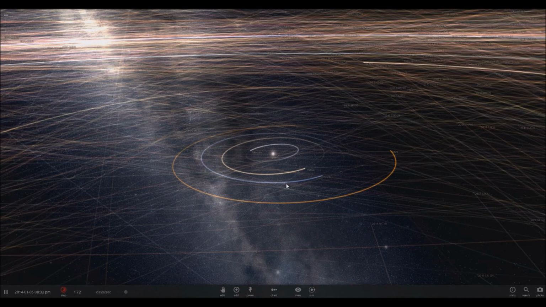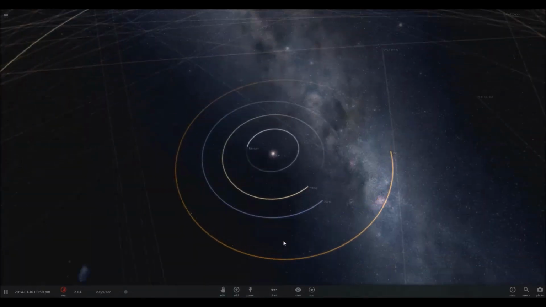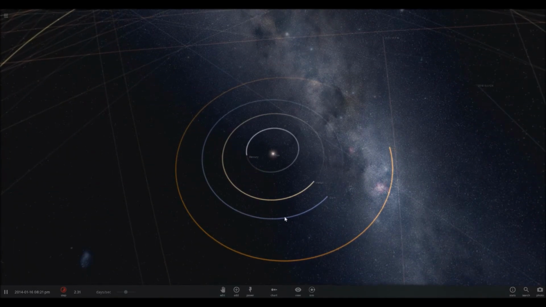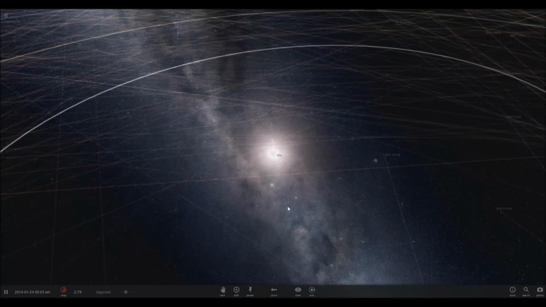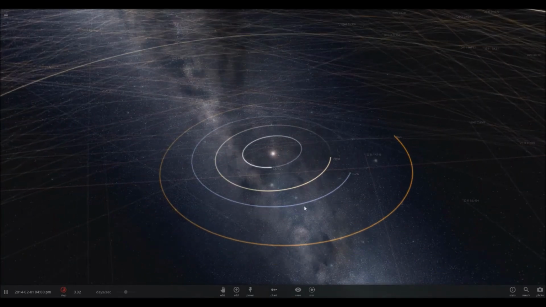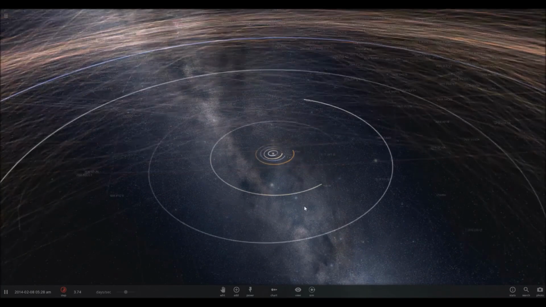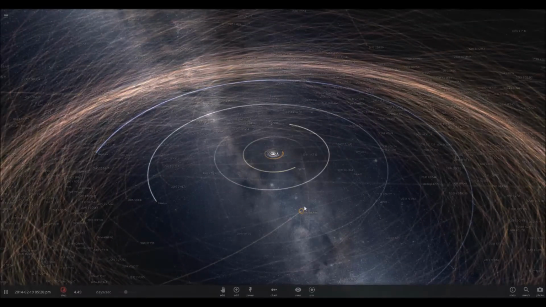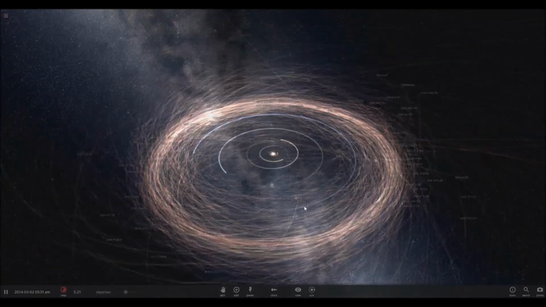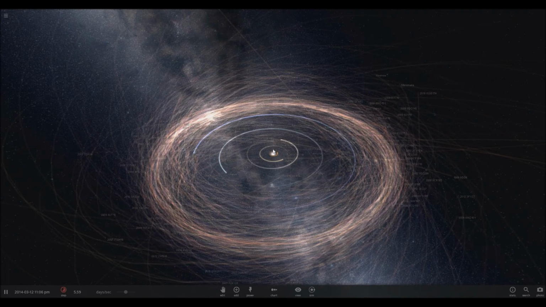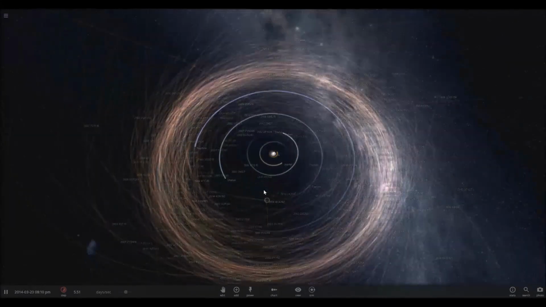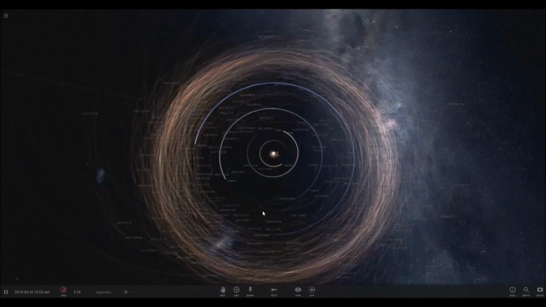There's so many possibilities for dwarf planets. No, I don't think we're going to have the moons on there. Here we go, look at that. Anyway, that's a little bit of a look at just how cluttered our solar system could be.